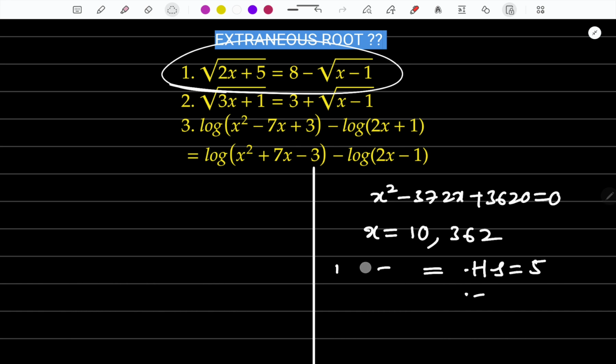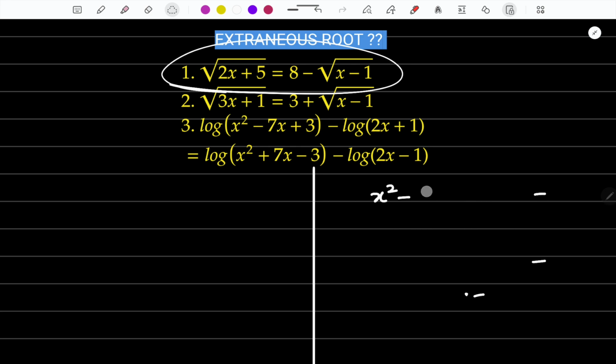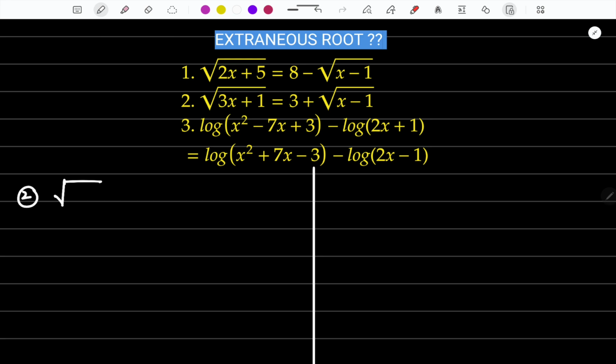Okay, see the second equation. The second equation is root of 3x plus 1 equals 3 plus root of x minus 1.